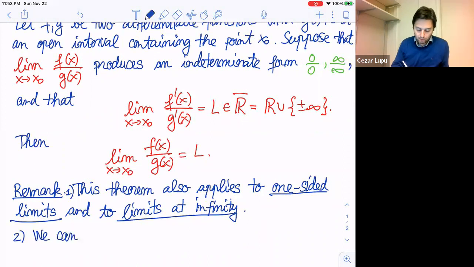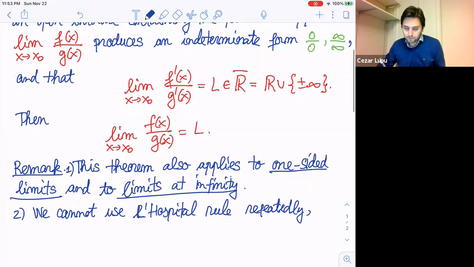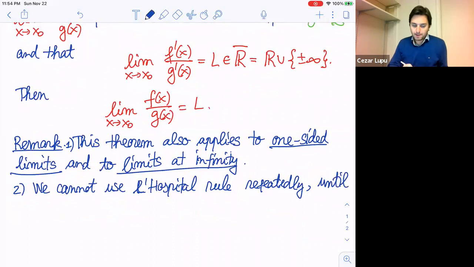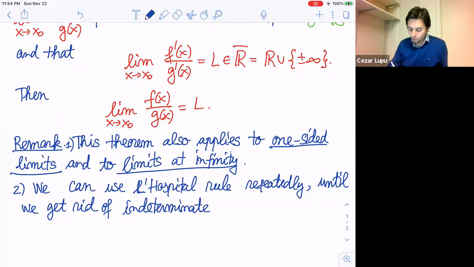This is important: we can use L'Hopital rule repeatedly until we get rid of indeterminate forms. And I'm going to tell you exactly what the indeterminate forms are.